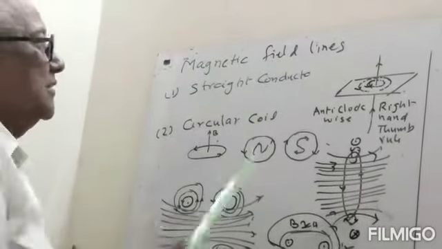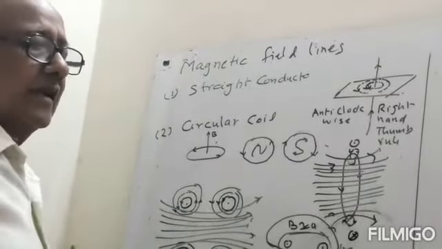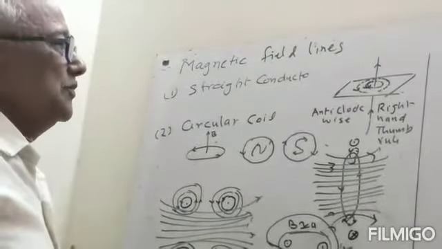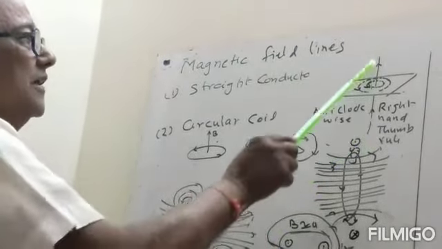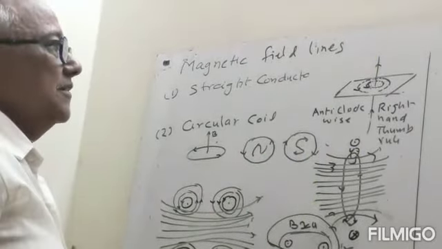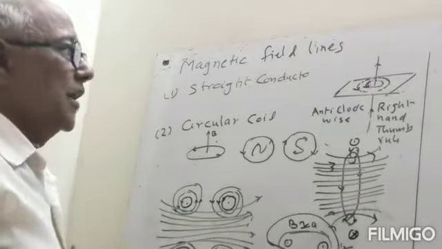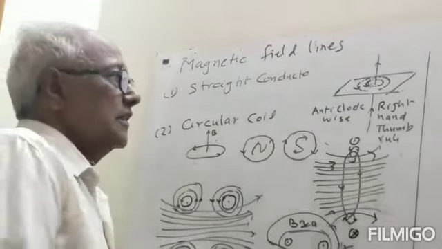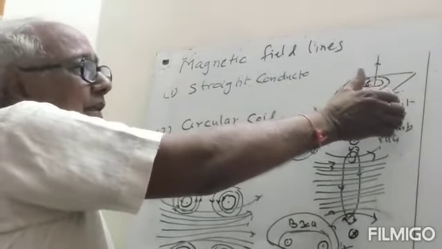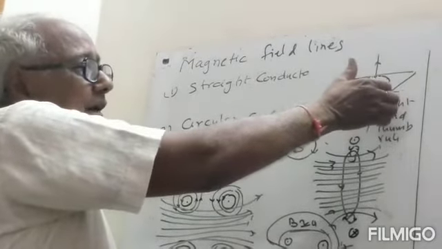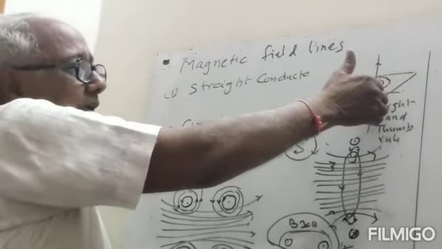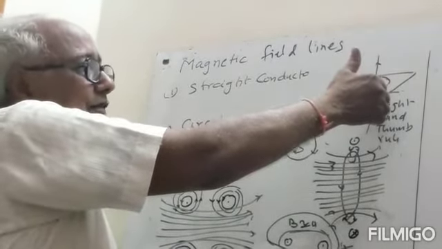Magnetic field lines for the conductor carrying the current. Now, suppose we have a current carrier, a straight conducting wire. By the right hand thumb rule, if the thumb gives the direction of the current flowing in the conductor, then the magnetic field lines are in the direction of the curvature of the fingers.